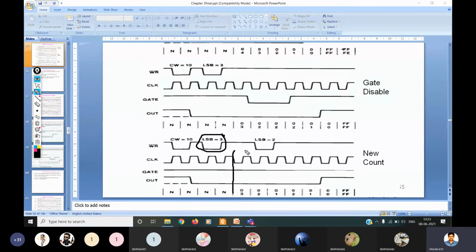In between, suppose because of some hurry or some latest updation, some new value is trying to be loaded into the counter. How will it affect? Let's have a look at this. Here the gate is not disabled, the gate is always on.